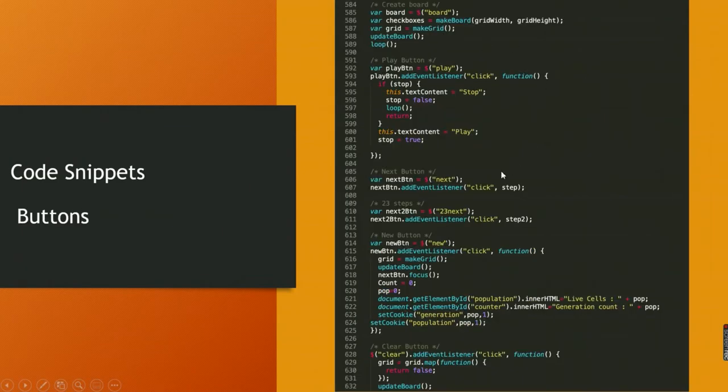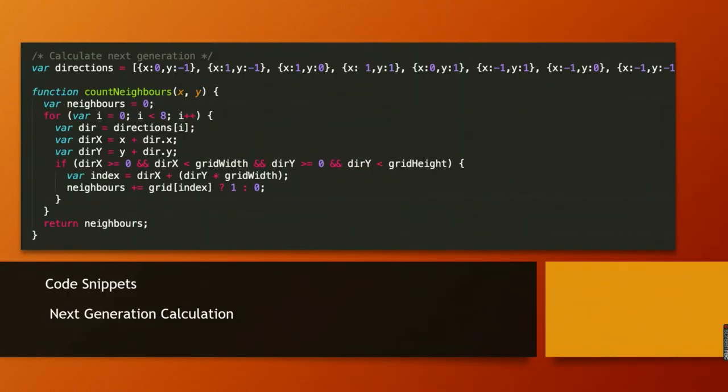And so for buttons, we have tried embedding different kinds of styles, and there are many buttons. For instance, for initiating the game, there is the play button, then there's the stop button, then 23 next is a button that we've given for 23 generations count, and then there's a clear button to clear the board, and so on.